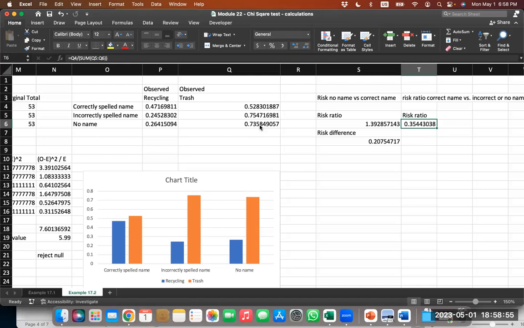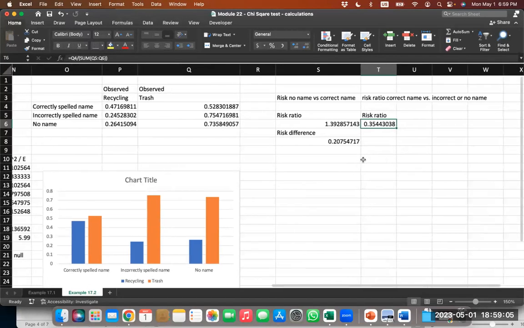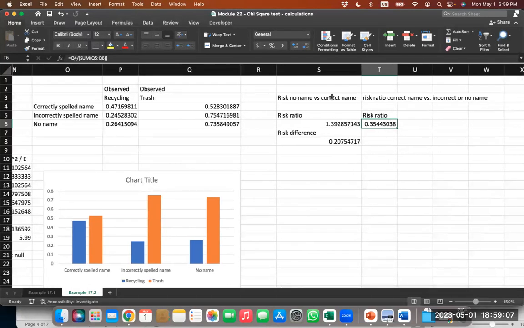So now you're changing the angle. The numerator determines the group of interest, and the denominator is basically determining the reference group. So depending on how you define those, that will drive what the risk ratio will look like for you.